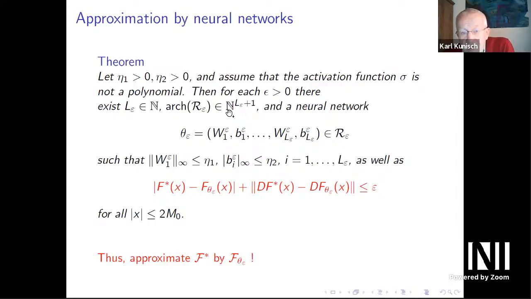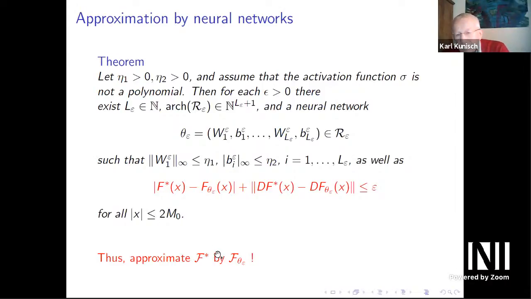Then, for any epsilon, there exists a number L, which indicates the number of layers, and an architecture such that the function f star, the optimal feedback function, can be approximated in the C1 norm by the bound epsilon on the ball that we are interested in.